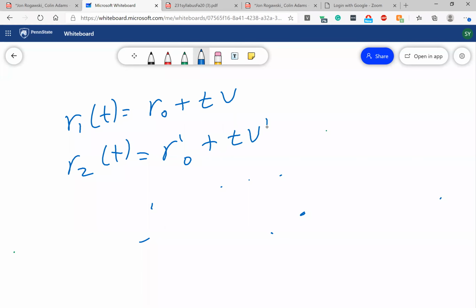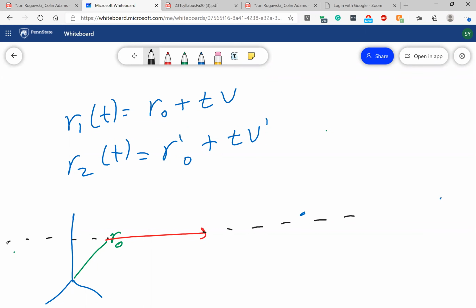So first, if these two parameterizations describe the same line, you can think about these two lines. You have one line where you have R naught, and then you have this vector V, and here's that vector, and it parameterizes the following line.